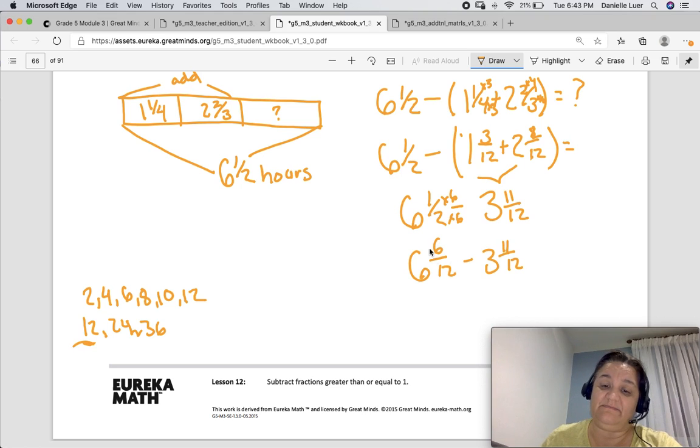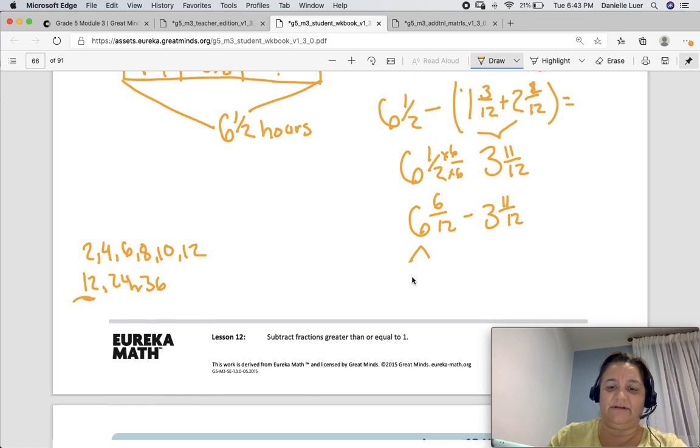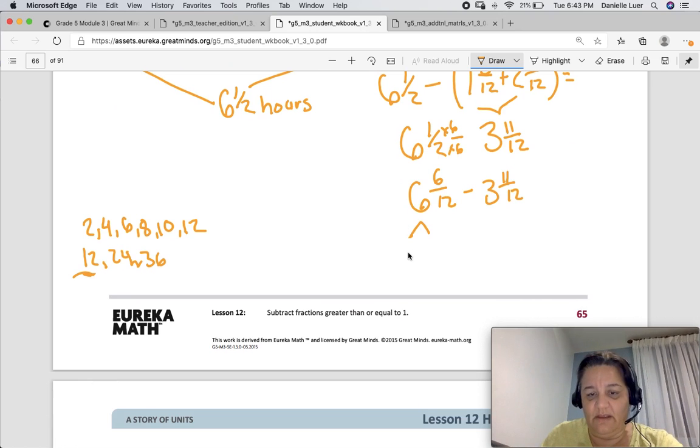Okay, so this is smaller than that. So I'm going to have to borrow. That is going to turn into 5 and 12/12 plus 6/12 minus 3 and 11/12.